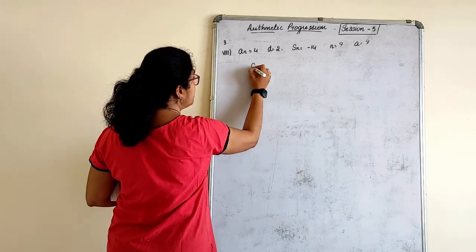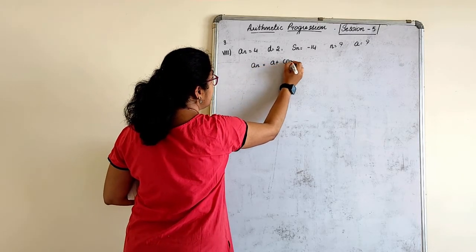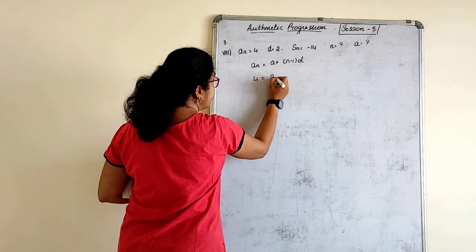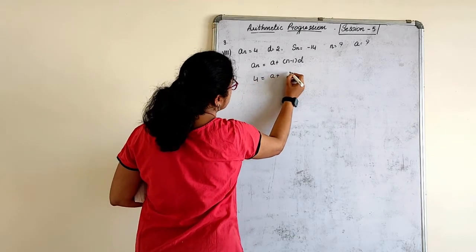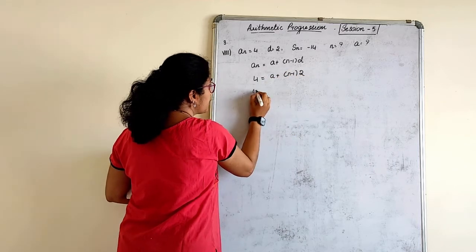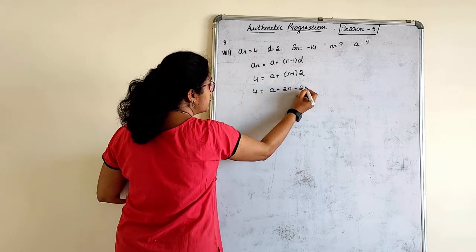Let's start with an. an is equal to a plus n minus 1 of d, where an is 4, a as it is, n minus 1 of d is 2. 4 is equal to a plus 2n minus 2.